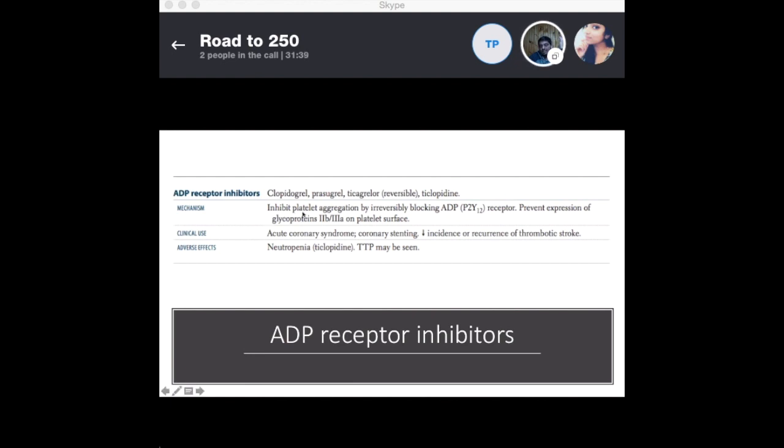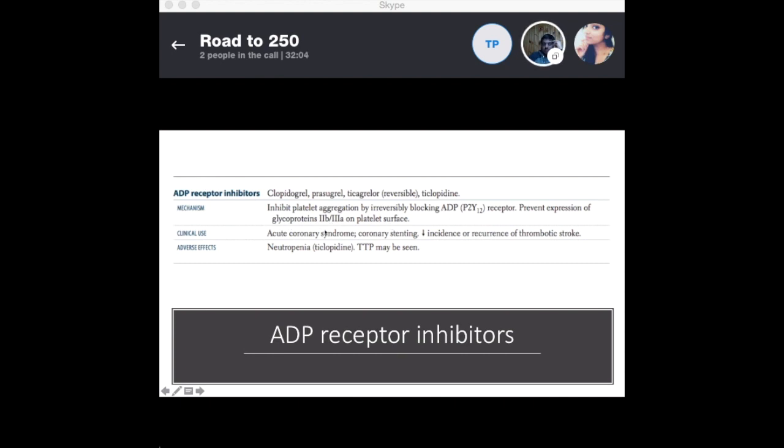They inhibit platelet aggregation by irreversibly binding to the ADP receptor, or your P2Y12 receptor. I think ticagrelor is the only one that's reversible. And they basically prevent expression of glycoproteins 2B3A on the platelet surface.